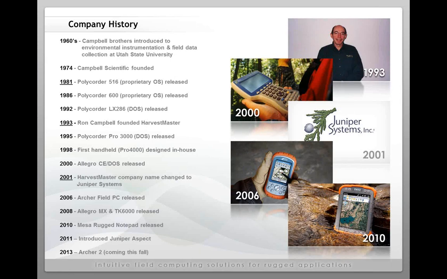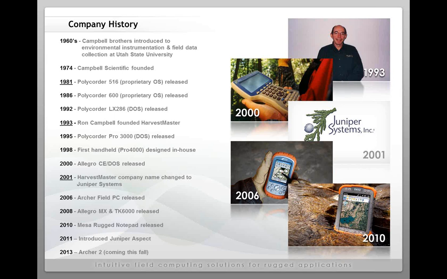Juniper Systems is a Campbell Scientific company, and Campbell started Campbell Scientific clear back in the early 70s. If you're not familiar with Campbell Scientific, they create and manufacture various types of data loggers, everything from sensors that go on paved roads to detect ice, to sensors that go on satellites, to weather stations.